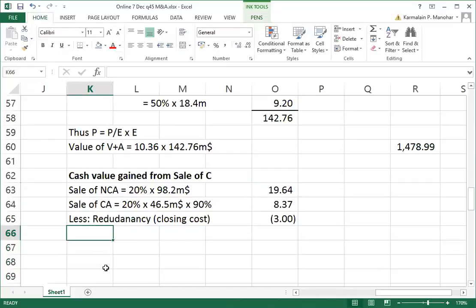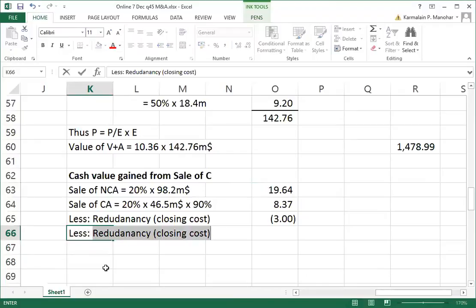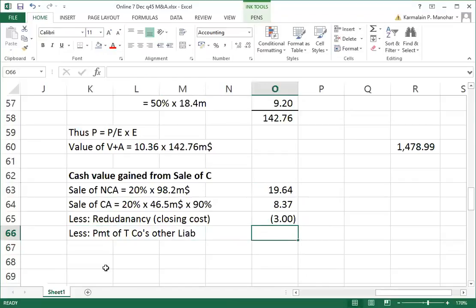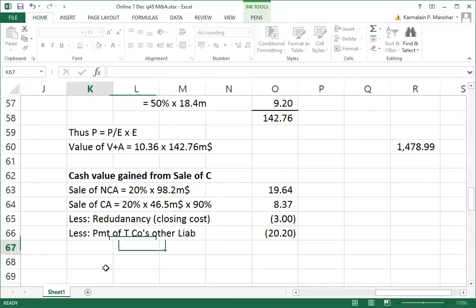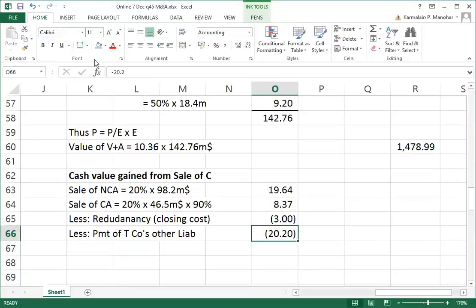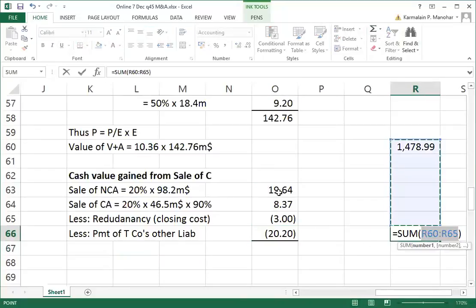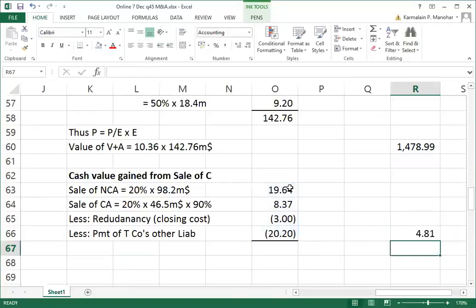And then let's implement other liabilities minus 20.2. That's a total of everything coming from C, and therefore that should tally us up to some value here. 4.81.